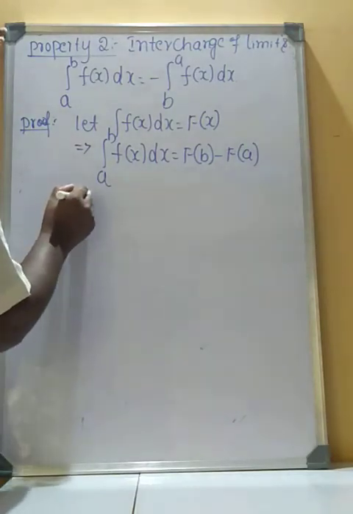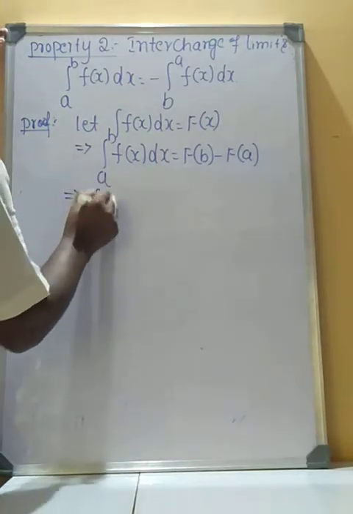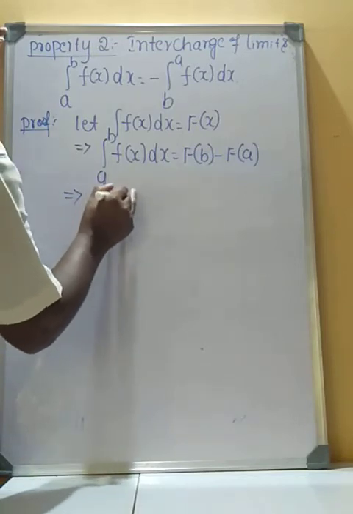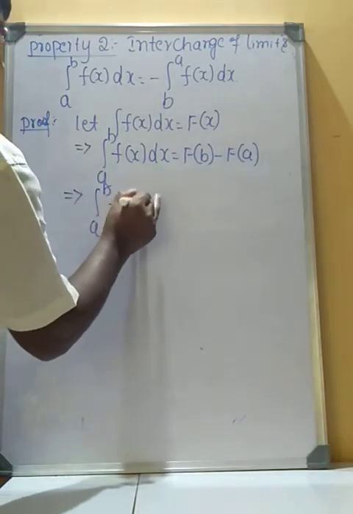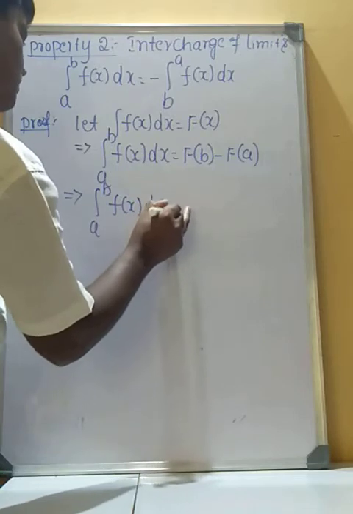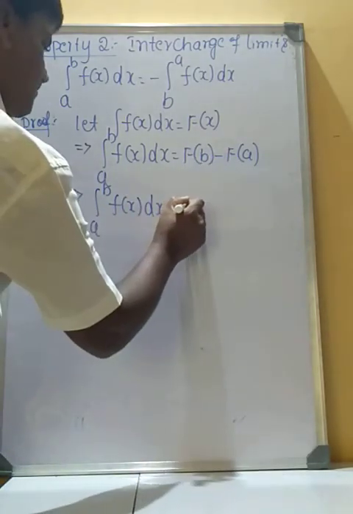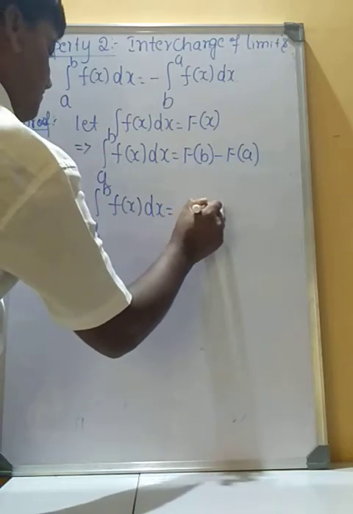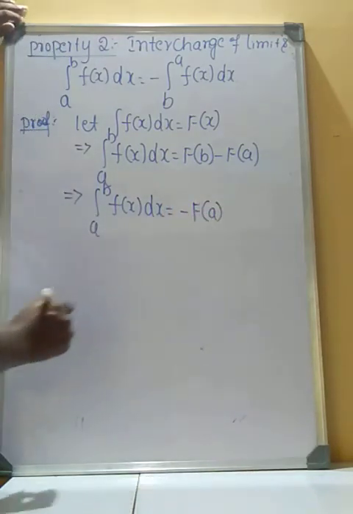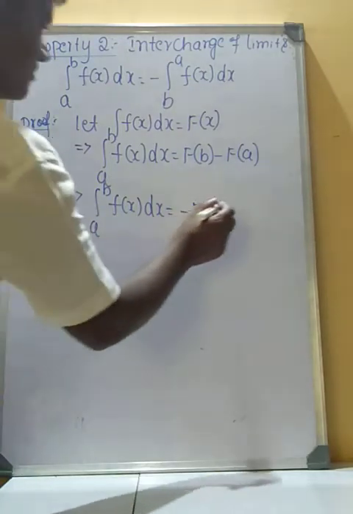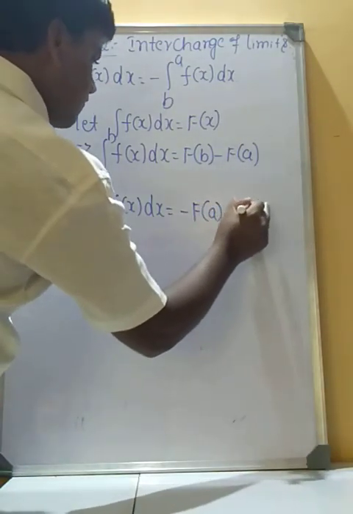Again this implies integral a to b f of x dx equals F of b minus F of a. So write the first term minus F of a, interchange the terms, place F of b.